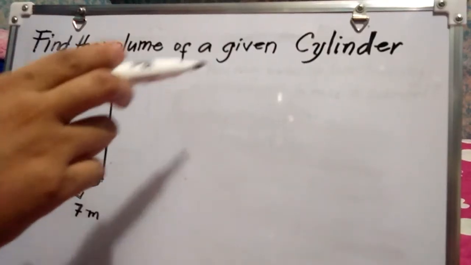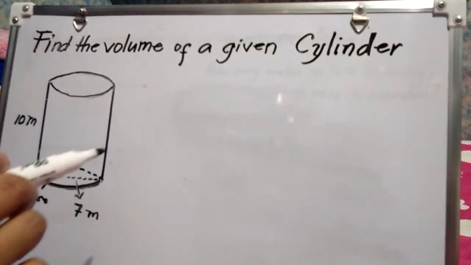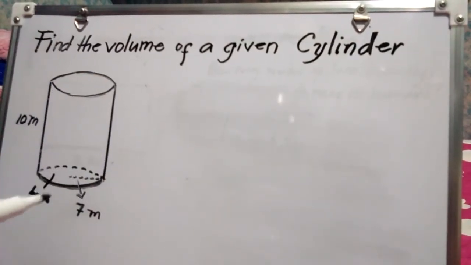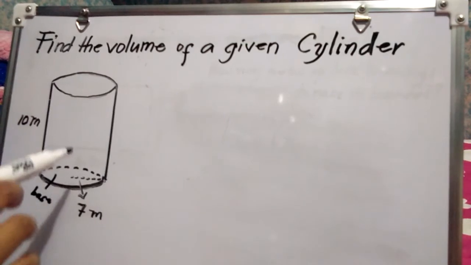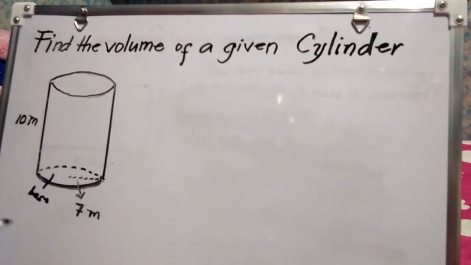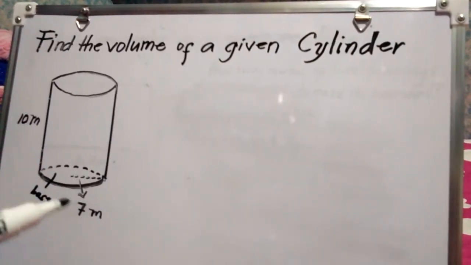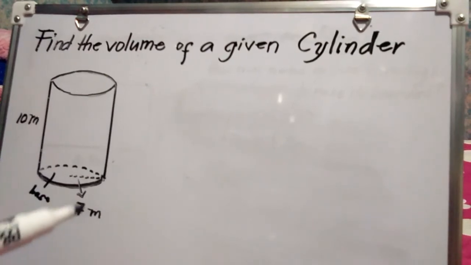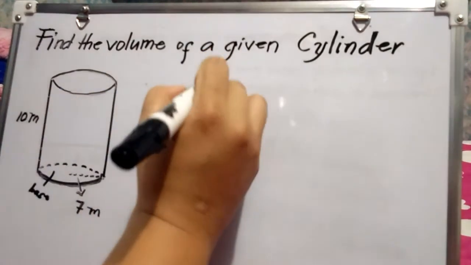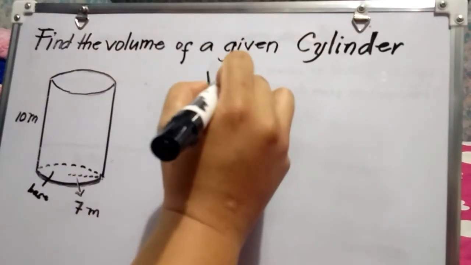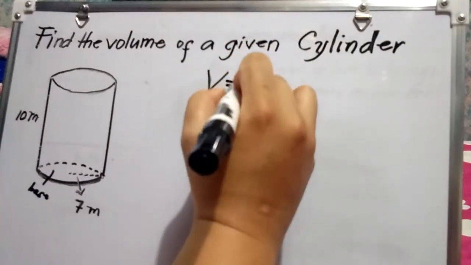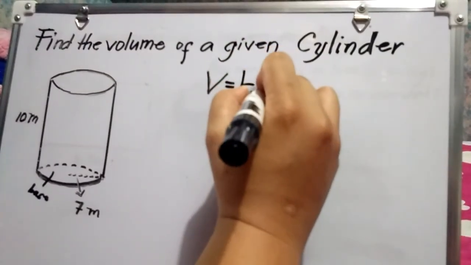Find the volume of a given cylinder. In this example, we're asked to find the volume of a given cylinder. To find the volume of a cylinder, we use the same formula as the volume of a prism. Volume is equal to the area of the base times height.